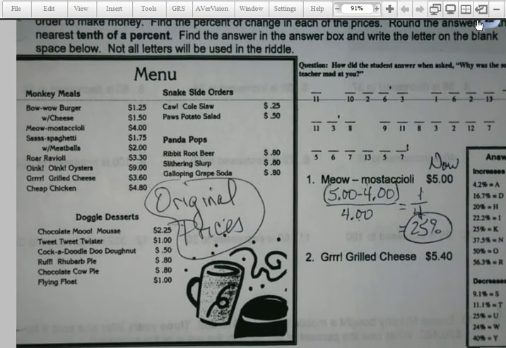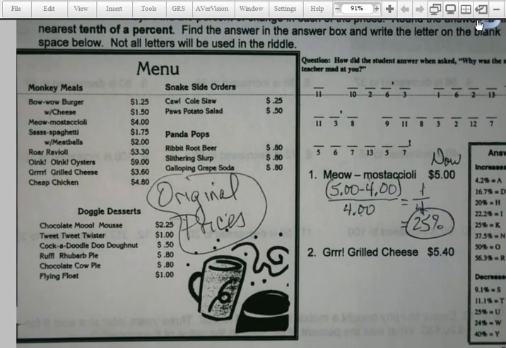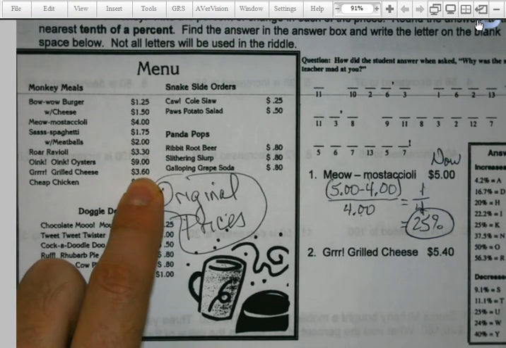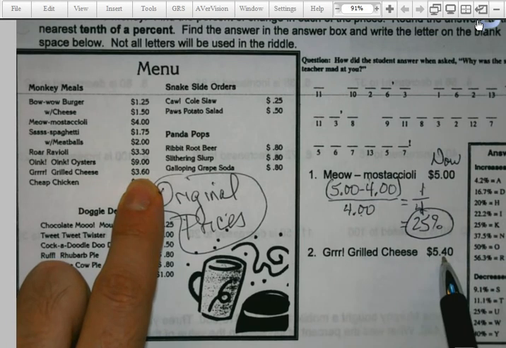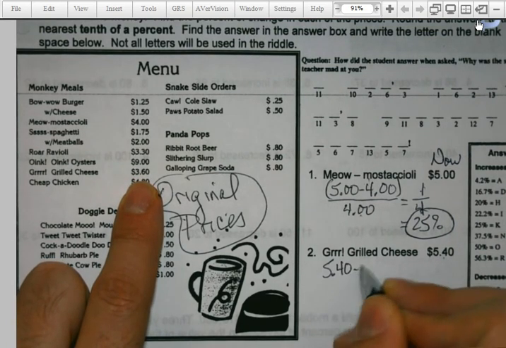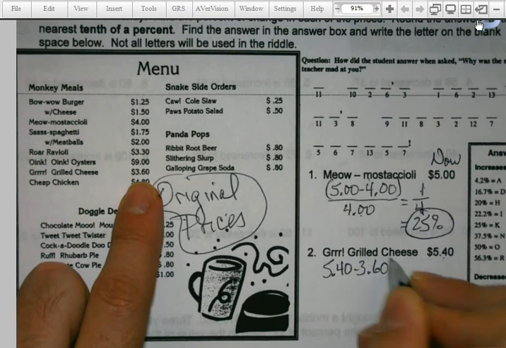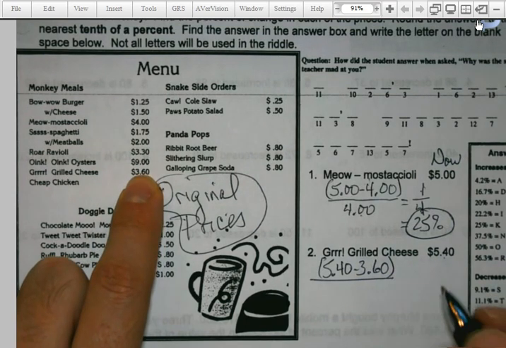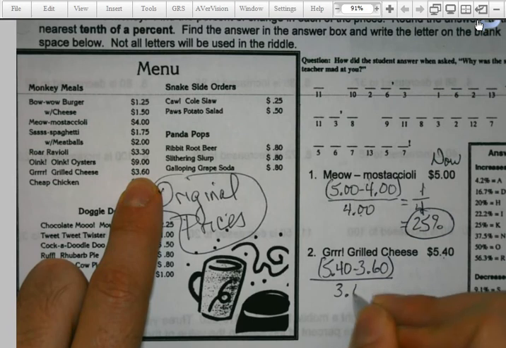I understand. On some of these it is. So like for instance, if we're doing grilled cheese. So let's find that over here. Okay, grilled cheese used to be $3.60. Now it's $5.40. So I still subtract big minus small, but I'm still dividing by that menu price, by that original price.